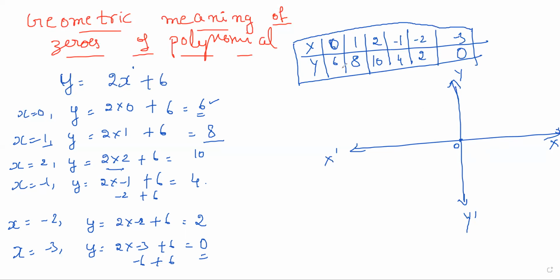So when x is 0, y is 6. See, x is 0, 6 somewhere we get here, just put the dot. When x is 1, y is 8. When x is 2, it is 10. When x is minus 1, it is 4.